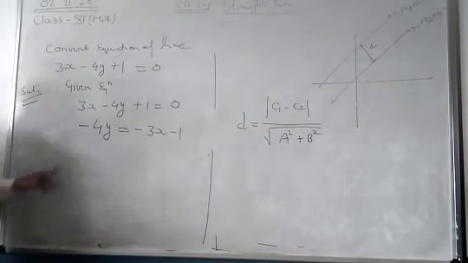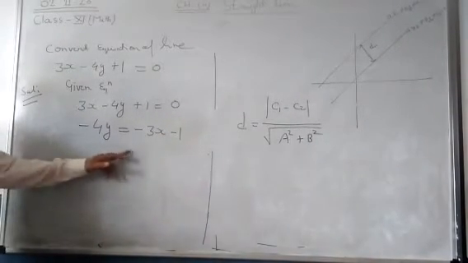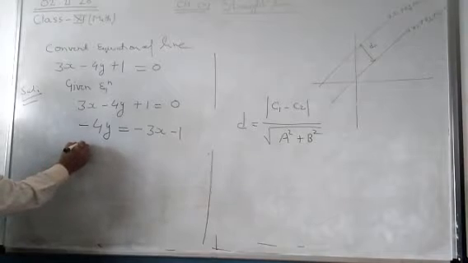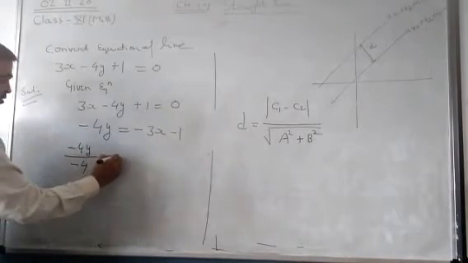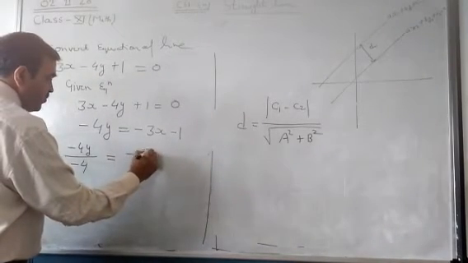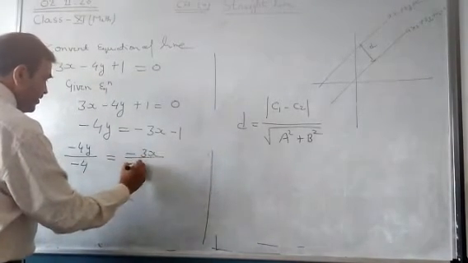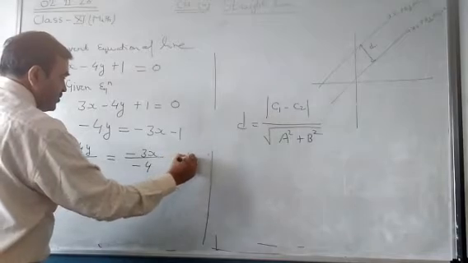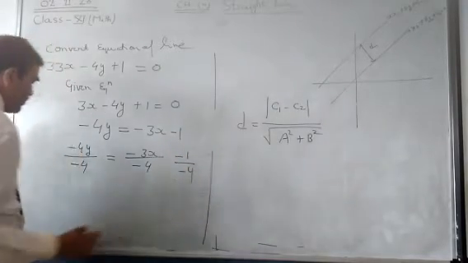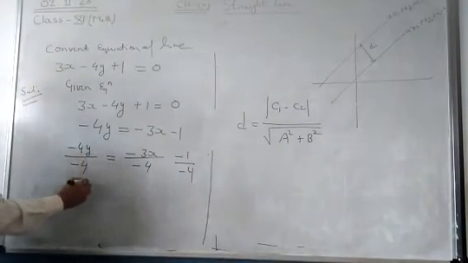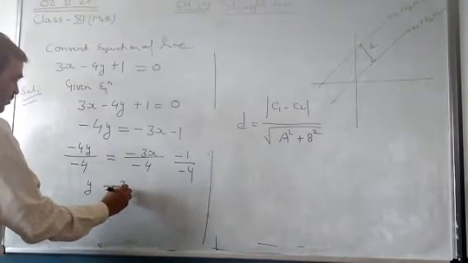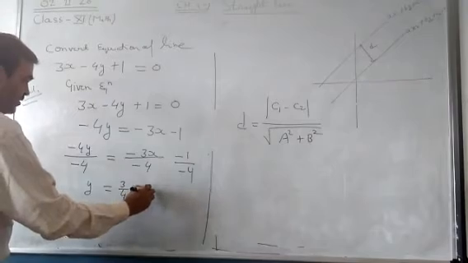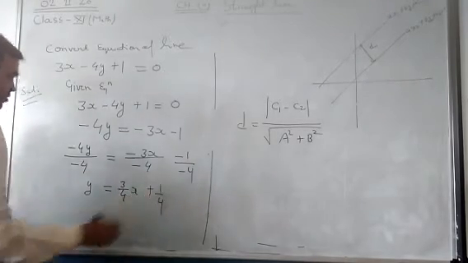Now divide both sides by minus 4. Minus 4y divided by minus 4 equals minus 3x divided by minus 4 minus 1 by minus 4. Minus 4 and minus 4 cancel out. We have y equals 3 upon 4 x plus 1 by 4.